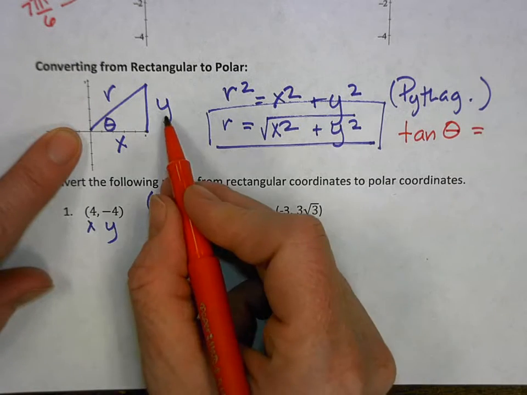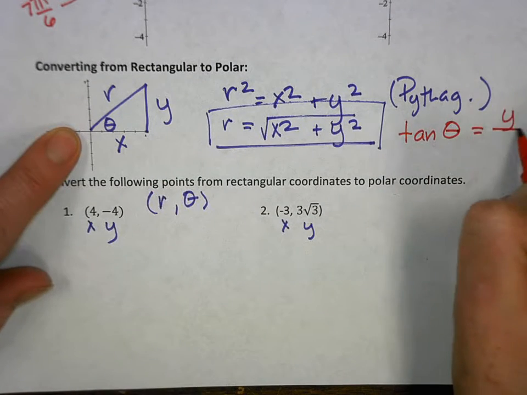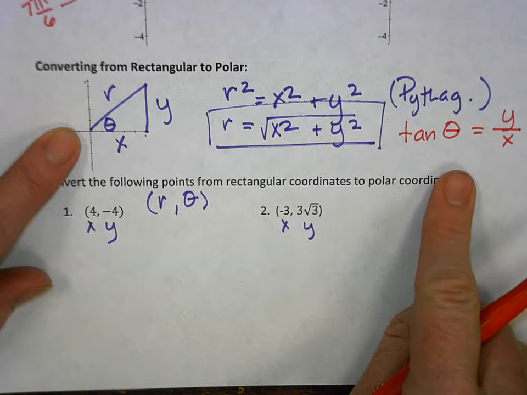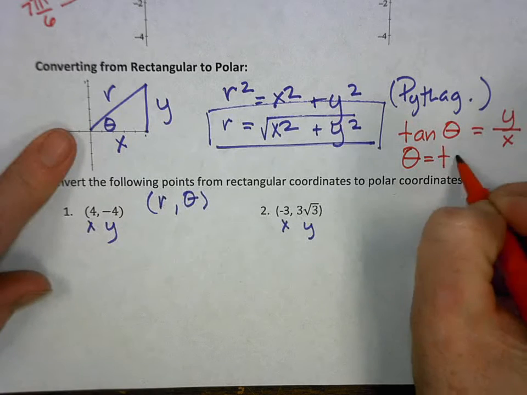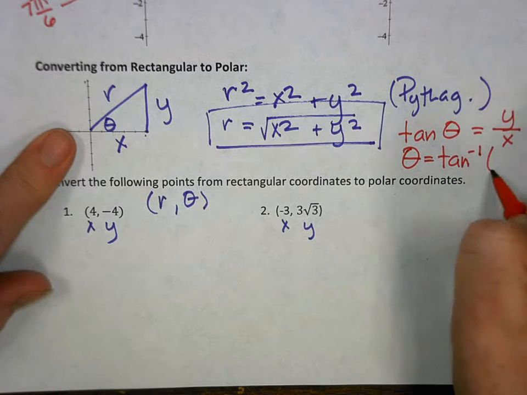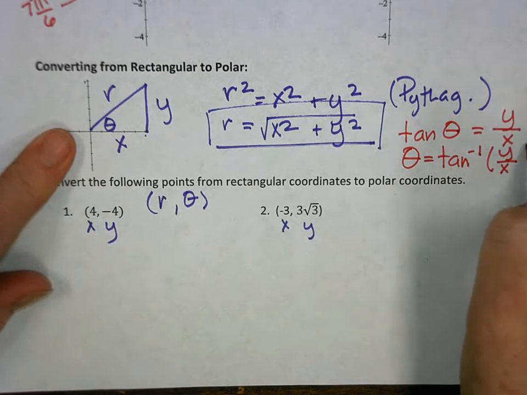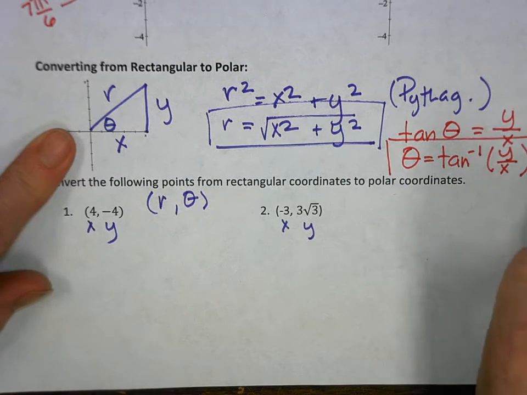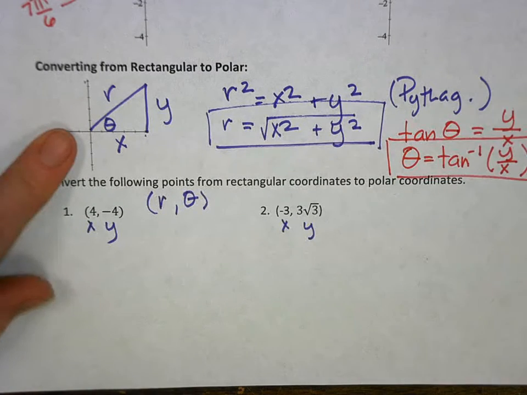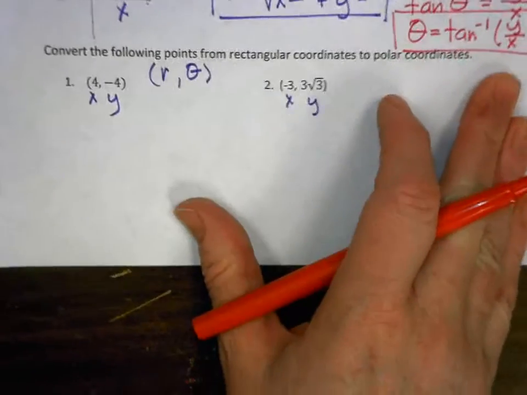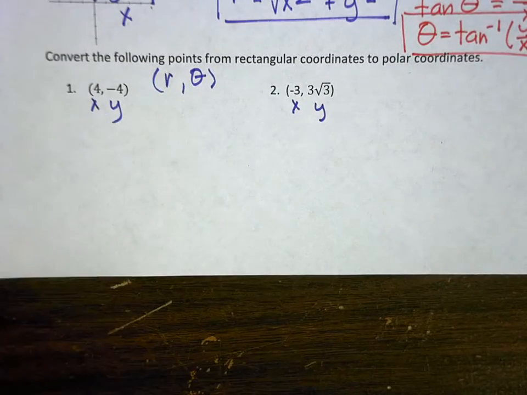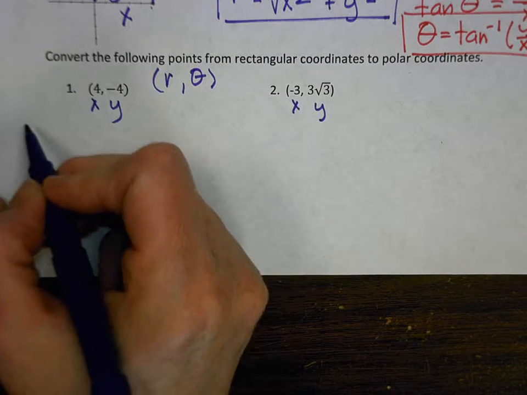We know that the tangent of theta is the opposite over the adjacent, y over x. And from here, if you remember from our unit on vectors, how do we get theta? Theta is equal to the inverse tangent of y over x. So let's box in that formula, and that's how we get theta. Okay? So let's do these couple problems.